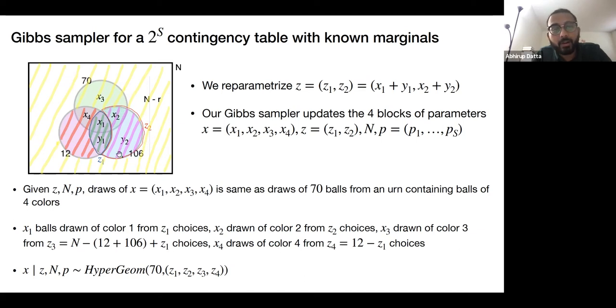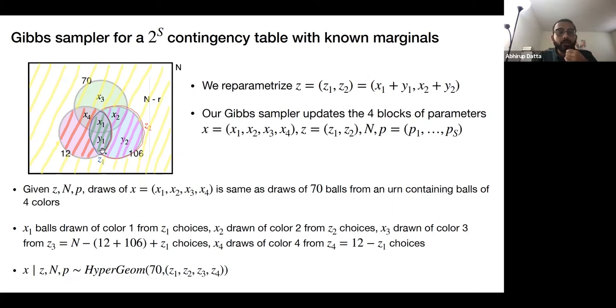Similarly, x2 can come from this pink shaded area. And similarly for x3 and x4. So conditional on z, n, and p, the draws of x1, x2, x3, x4 can be thought of as draws of 70 balls, 70 because the total is fixed, 70 balls from an urn containing balls of 4 colors. And the number of balls of each of the colors is given by the shaded areas.